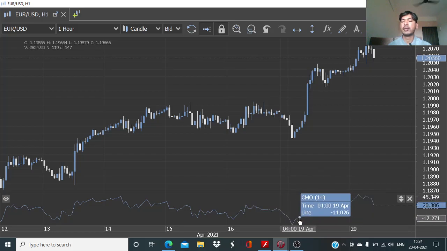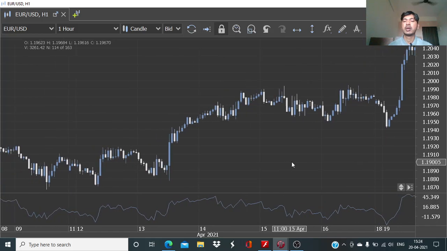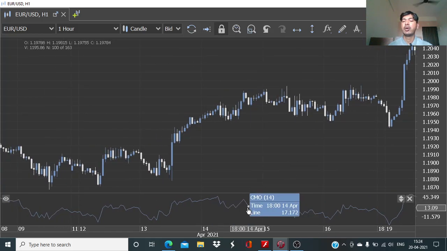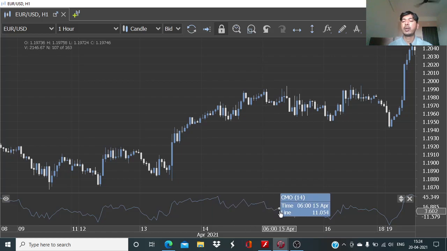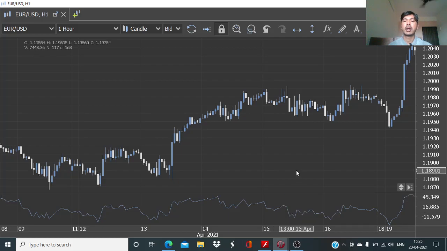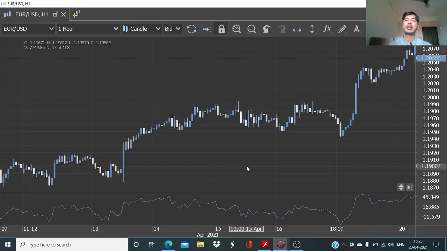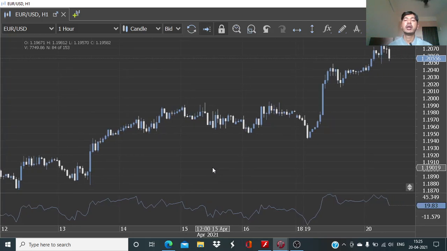Only when this change happens from the negative to the positive territory will the buy trade be initiated, and vice versa for the sell trade. Whenever the CMO value dips below zero from above zero, we will be looking to initiate the sell trade. And that will be the only opportunity for the algorithm to execute a trade.